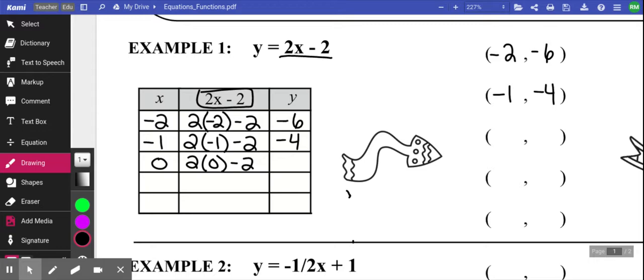So you gotta do 2 times 0. What's 2 times 0? 0. 0 minus 2? -2. Good. Okay, my next number is going to be 1, and the next number is going to be 2. Go ahead and see if you can figure those out. I forgot to write the ordered pair there. See if you can figure out the next 2.